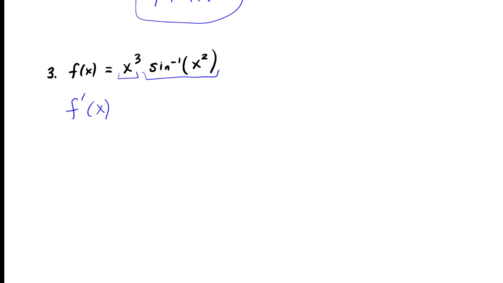So I start with my product rule. Derivative of the first is 3x squared times the second as it is, inverse sine of x squared, plus the first as it is, and then the derivative of inverse sine of x squared.